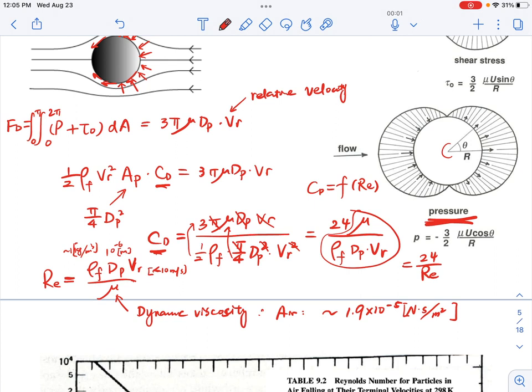Especially since we're talking about the relative velocity, because the particles have to move against the flow, which makes it more difficult to have a higher velocity. If you consider all of these, you'll find that the Reynolds number is going to be smaller than 1 for the particles we're dealing with every day.